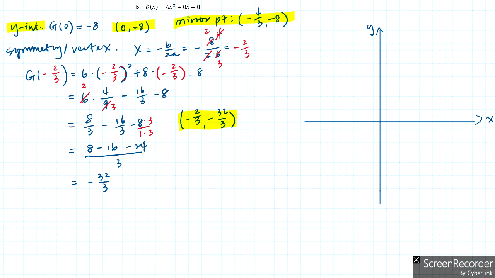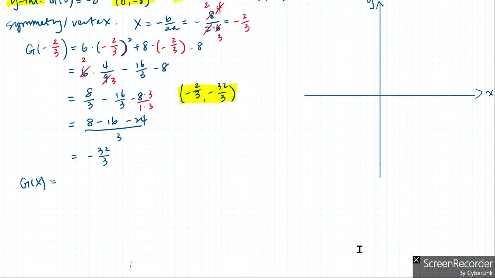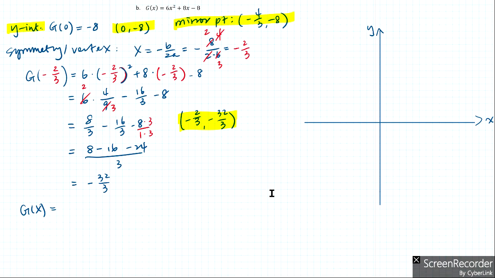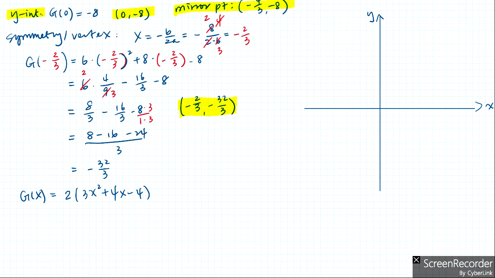So using this, we can say that here g of x can be factored. This entire expression can have a factor of 2 out. So if we do so, we would have 2 times (3x squared plus 4x minus 4). And by doing this step, it's going to make our factoring process easier. Later on, our numbers are going to be much smaller.